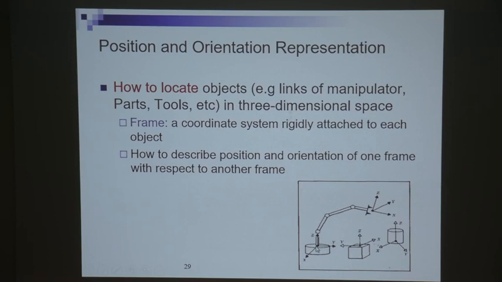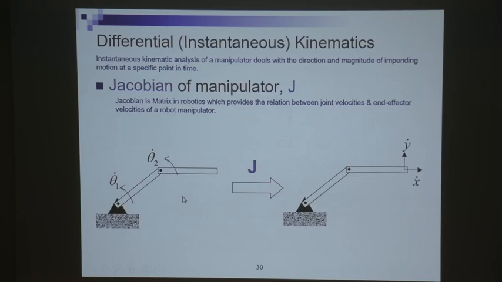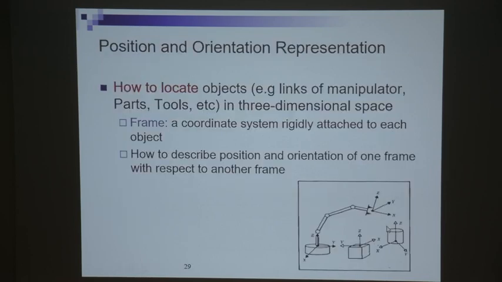A lot of the time you may define the base frame, the global frame, as the one on the base of your manipulator, but this may not be the case. You can have one outside, at a particular point in the room. So you need to describe the position and orientation of one frame with respect to another frame.